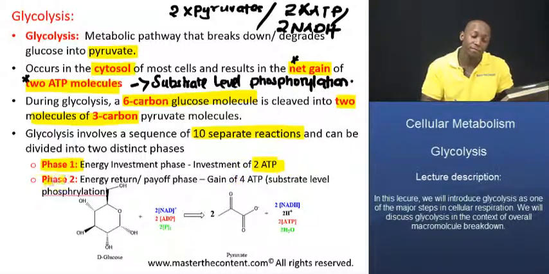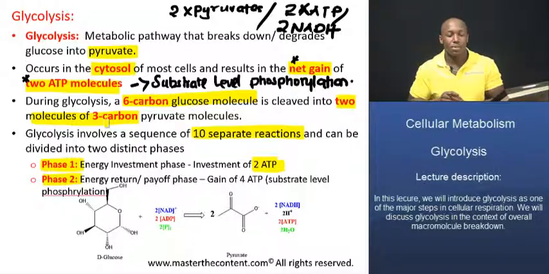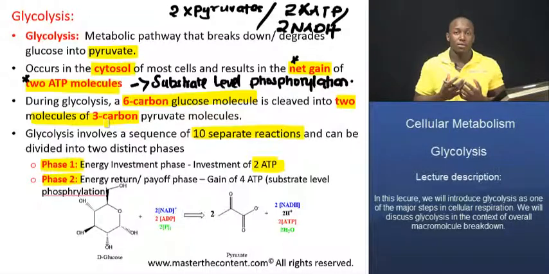The second phase, the energy return or payoff phase, is when we gain an additional 4 ATP molecules. That's why we're talking about a net gain of 2 ATP. The process of glycolysis will use 2, but give you back 4, so you have a net gain of 2 ATP molecules.